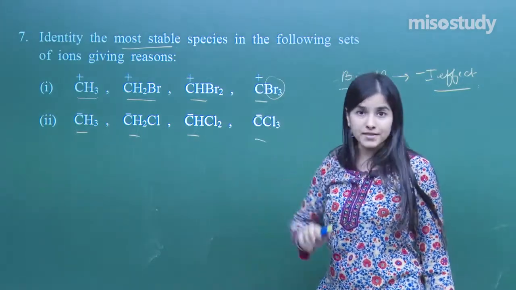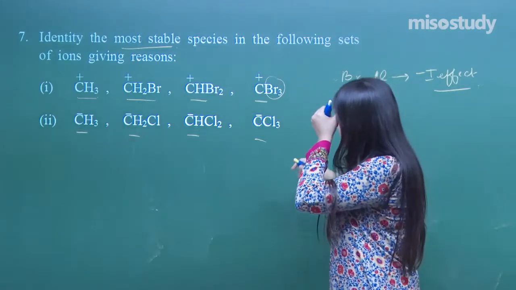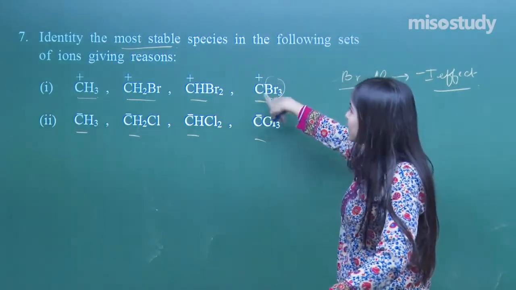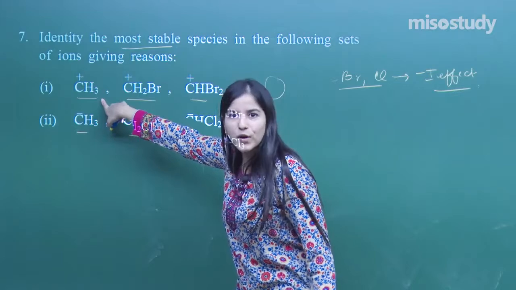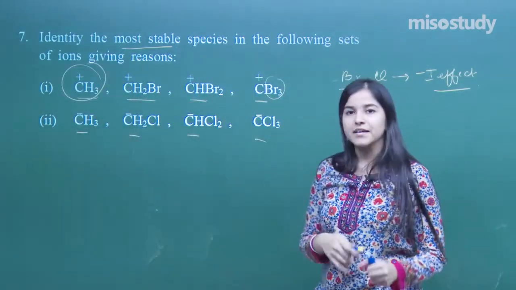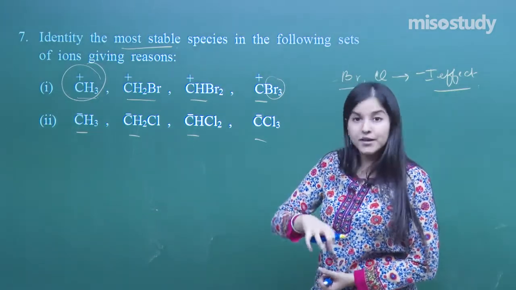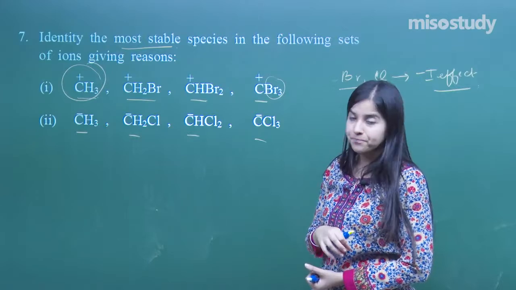There will not be a stabilization of the positive charge. So what will happen? Most stable will be the one having no withdrawing group present, and it is this. In others, there is Br attached, which is attracting more, thereby making it more and more positive, right?